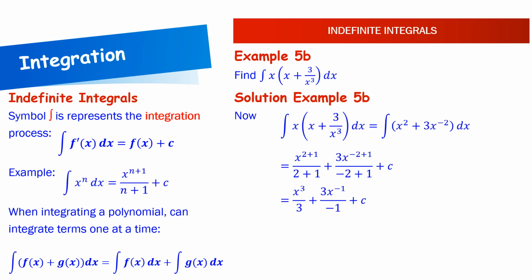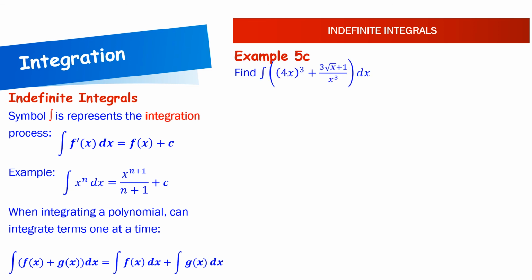And tidying up gives us x cubed over 3 plus 3x to the minus 1 over minus 1 plus c. And finally tidying up some more gives us x cubed over 3 minus 3x to the minus 1 plus c, as shown.